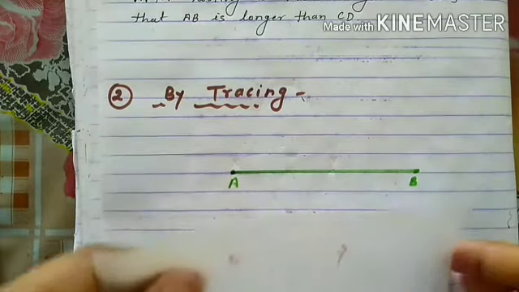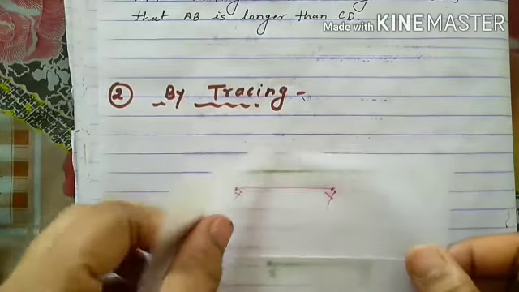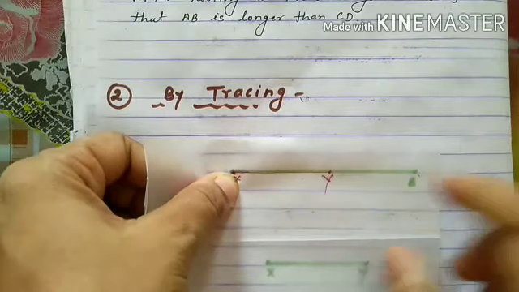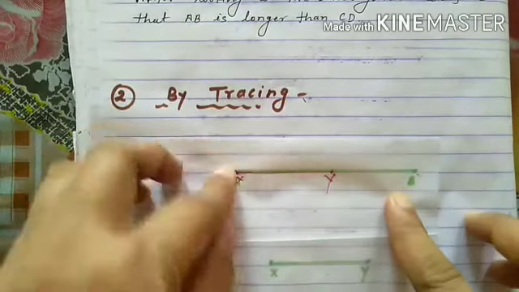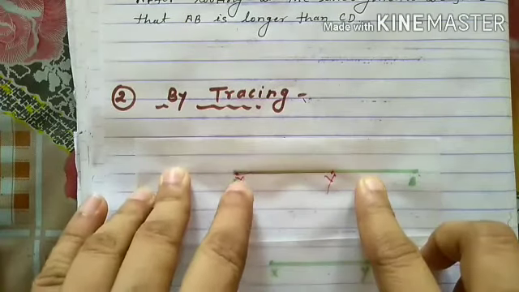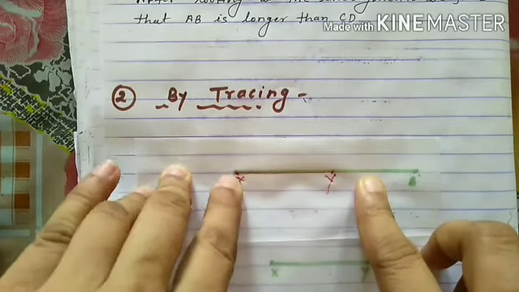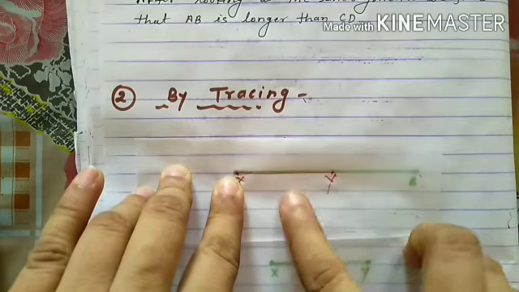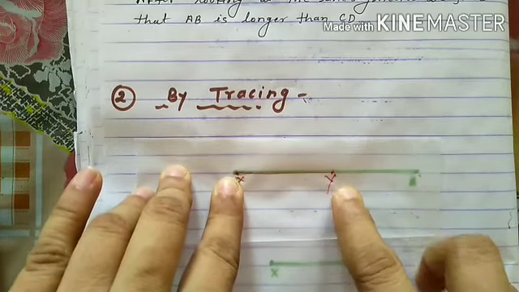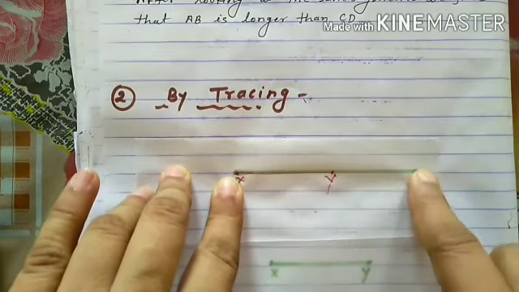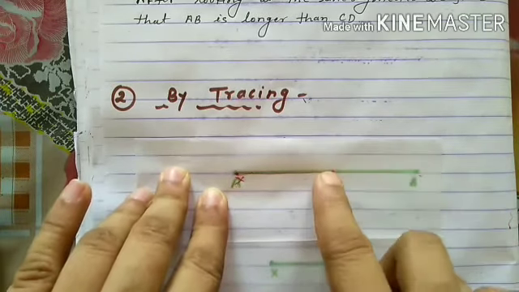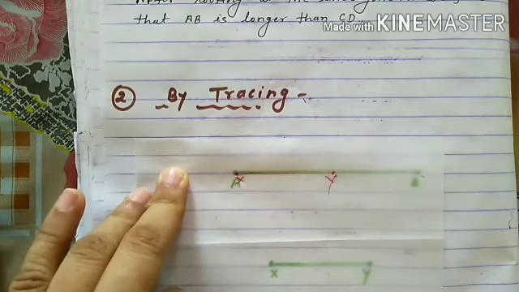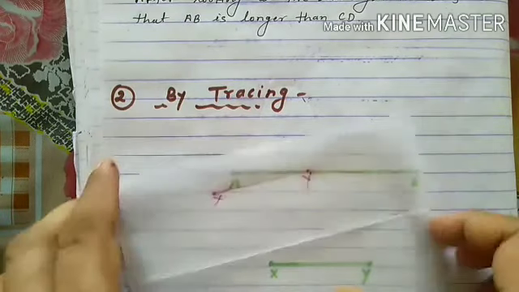Place it on AB such that point X falls on point A. Now you will observe point X falls on point A, but point Y falls somewhere between A and B. Y falls before B. So what does it mean?